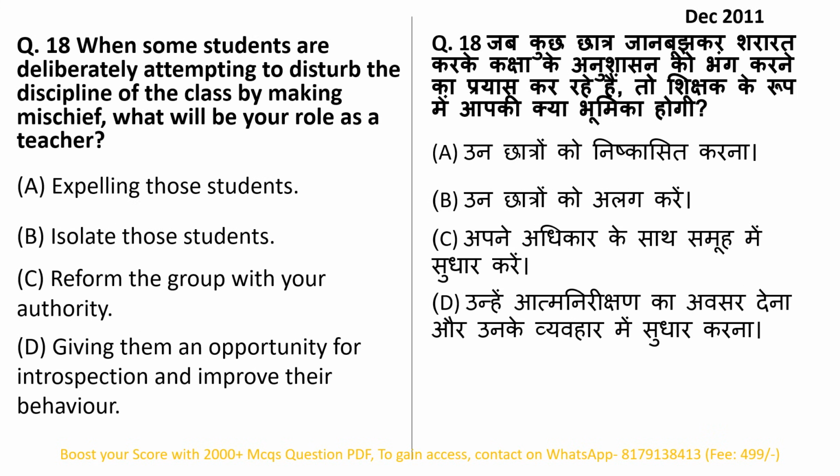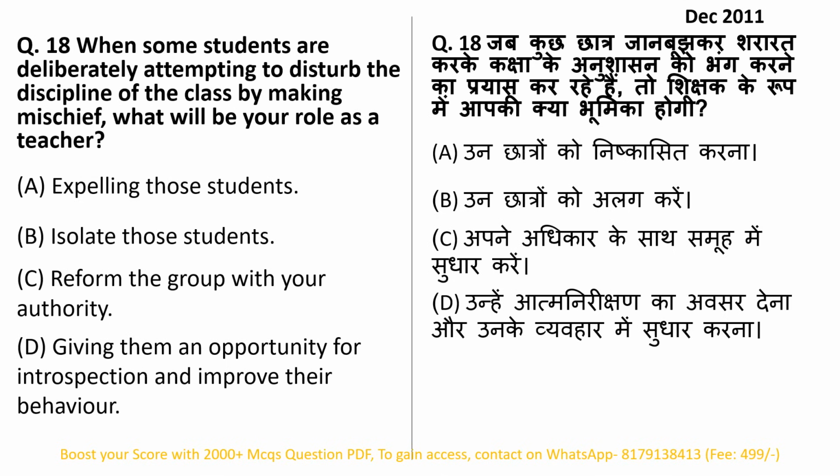Okay. When some students are deliberately attempting to disturb the discipline of the class by making mischief, what will be your role as a teacher? Expelling those students, isolating those students, reforming the group with your authority, or giving them an opportunity for introspection and to improve their behavior.